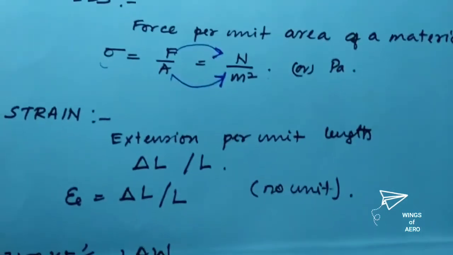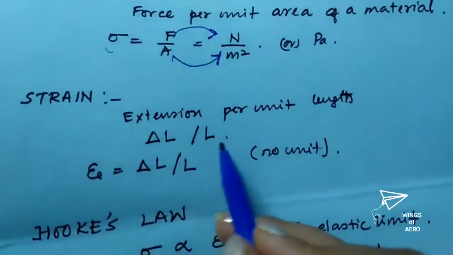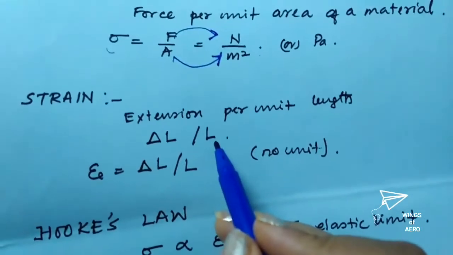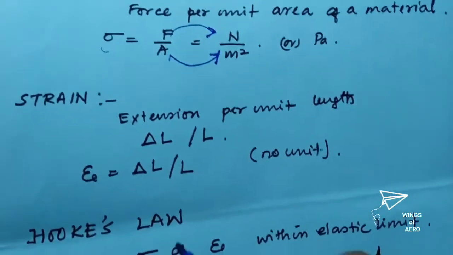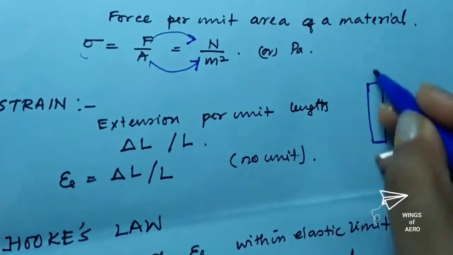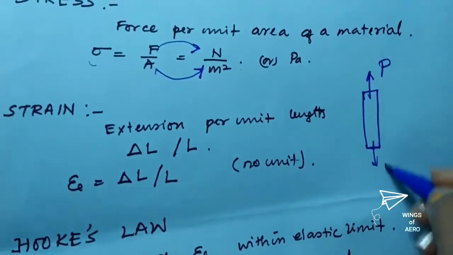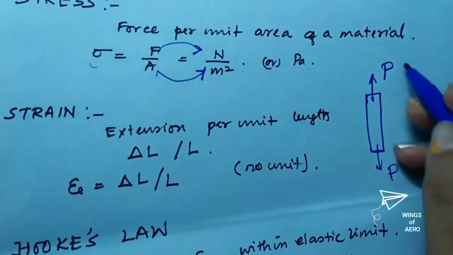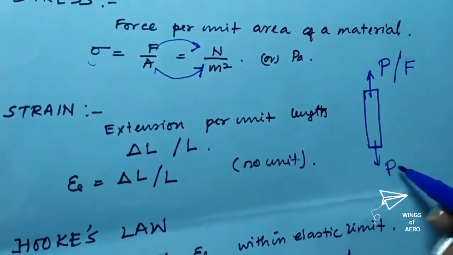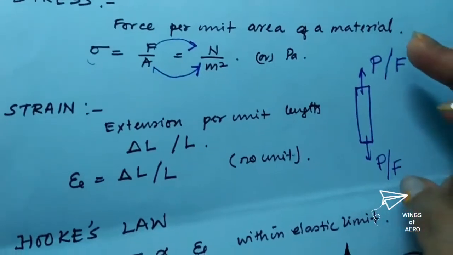Strain is a ratio between the change in length and the original length. That is the change in length by the original length, of a material. So imagine there is a bar. On both sides it has a tensile force P or F, it can be written as either.